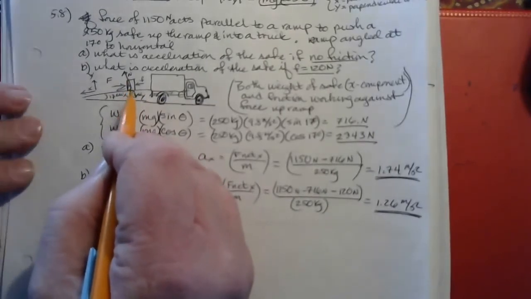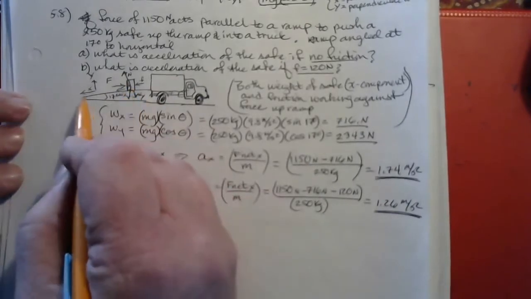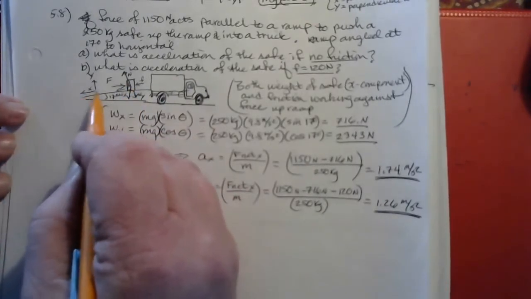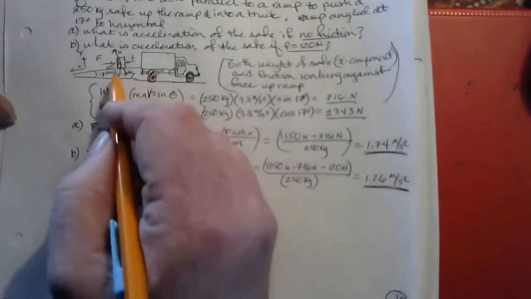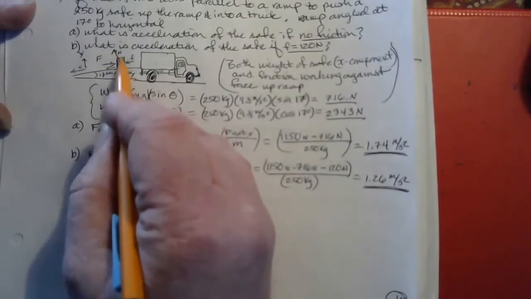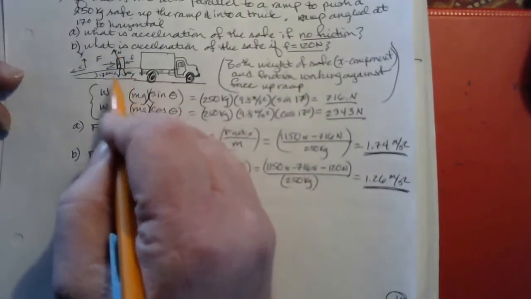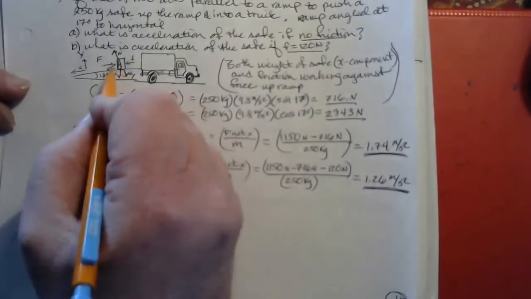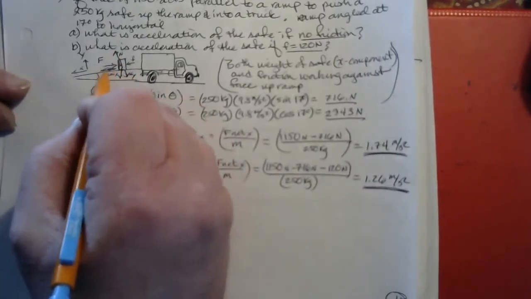And again, it's the Y component. We've defined the axes so that X is parallel to the ramp and Y is perpendicular to the ramp. It's the Y component of the weight that balances out the normal force. And the X component of the weight is pushing down the ramp.